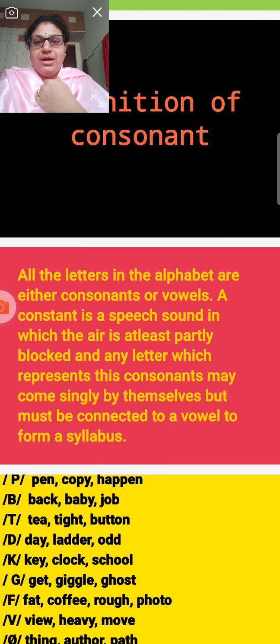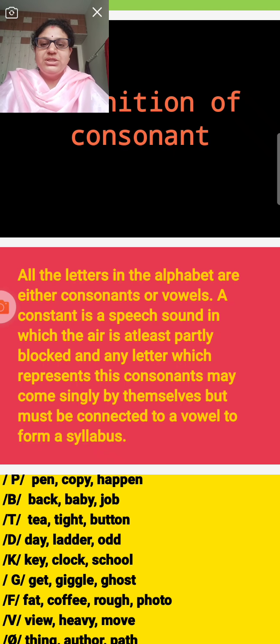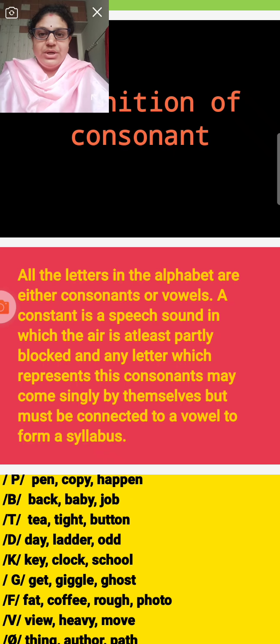Any letter which represents these consonants may come singly by themselves but must be connected to a vowel to form a syllable. A syllable is nothing but the sound itself.